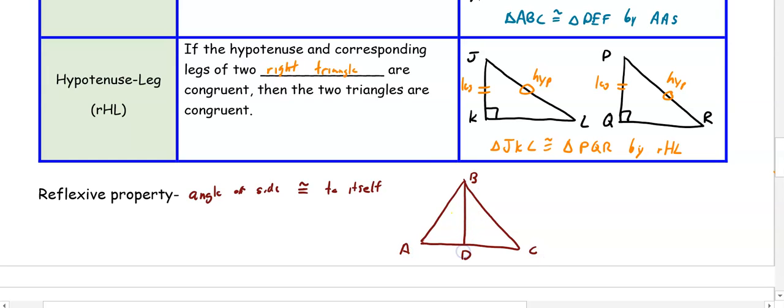So in this case, we have a triangle on the right and left. BD is a side that is forming both triangles, so it would be congruent. We could say BD is congruent to BD. We can also use this for angles, but we'll get to that later when we get to similar triangles next semester.